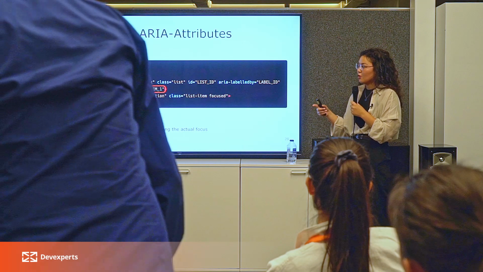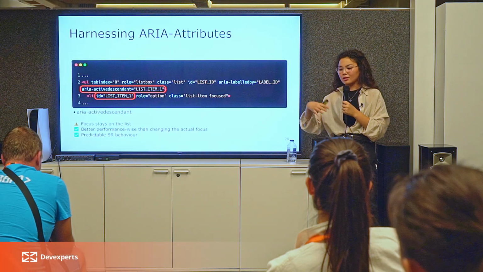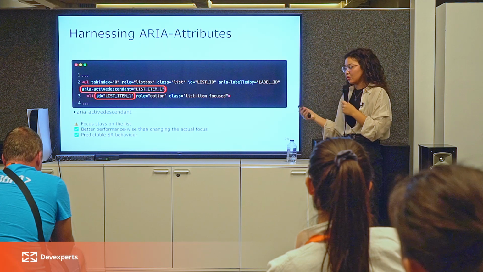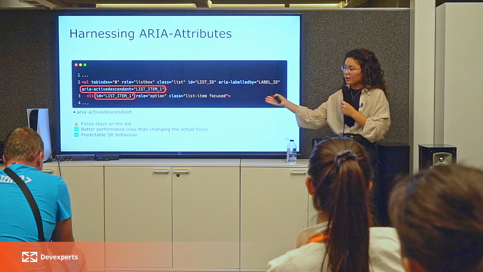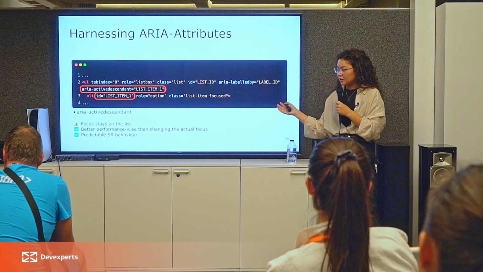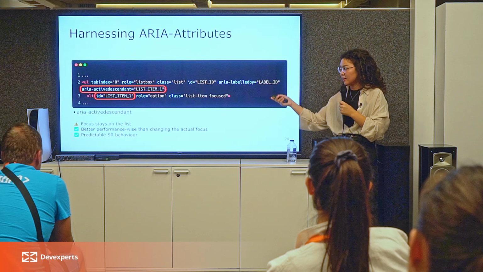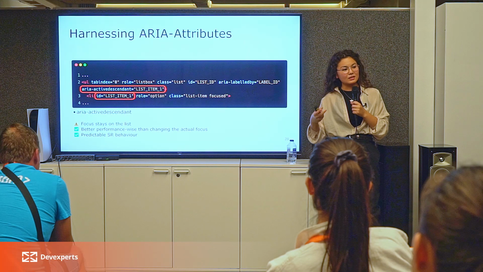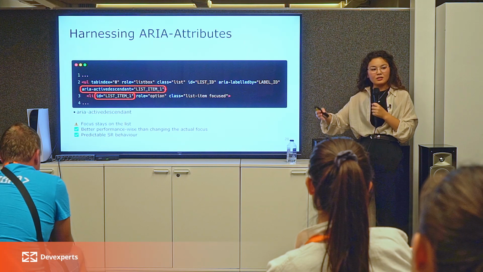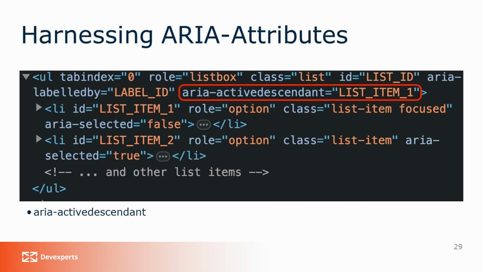Because first, when we change focus from one item to another and we overuse that, it will be heavy on performance. And also in this way, we will have very predictable screen reader behavior. So whenever it focuses on the list, it will read just the content of the list instead of rereading all the common information.